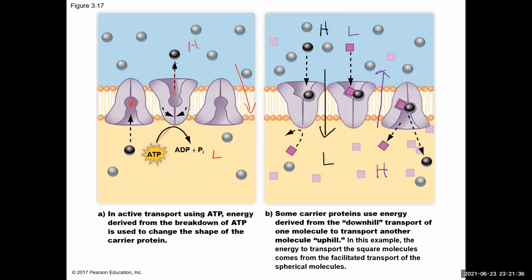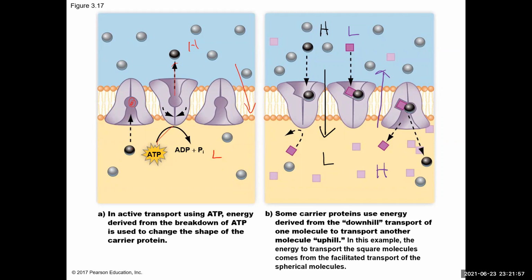The cell wants the spheres on the inside, but it also wants the squares on the inside. The squares are wanting to move out and go with their concentration gradient. So the cell can take advantage of the concentration gradient of the spheres because it's going to passively move in.